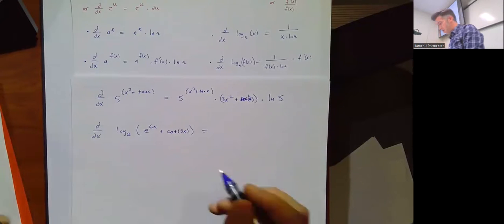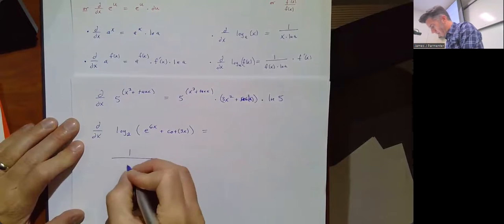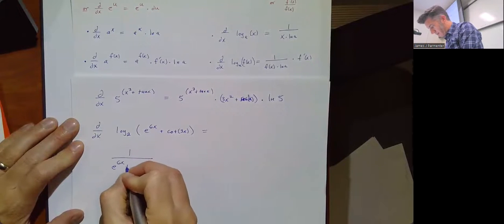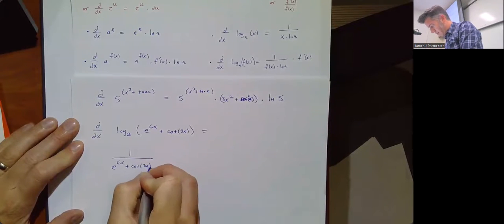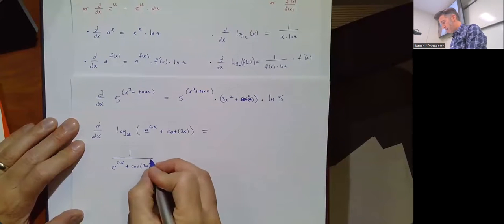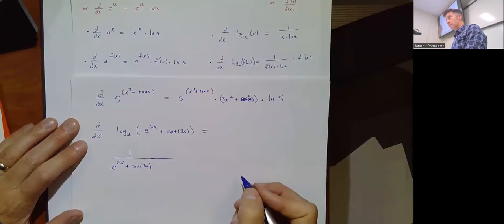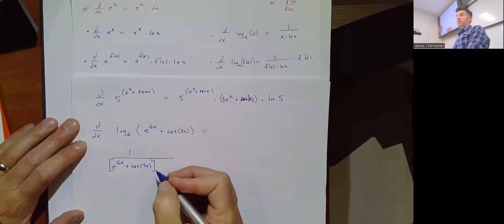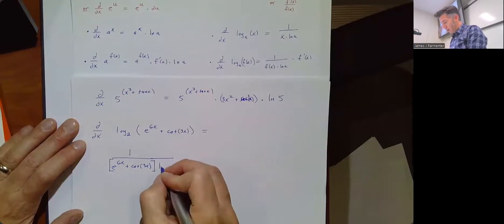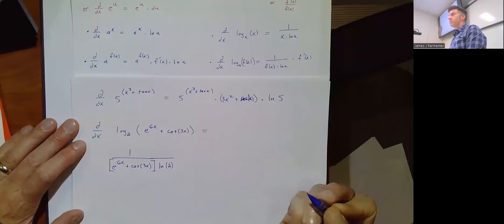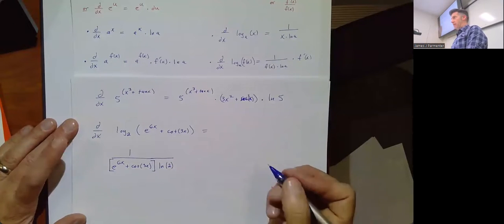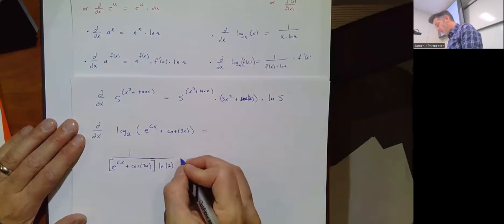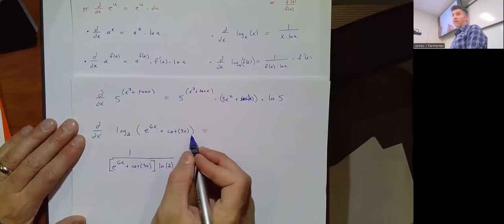But first I'm starting off with 1 over the stuff. I also know I'm going to need to divide by a natural log of 2 eventually. I usually like to put it at the end, but okay. And then I have to multiply by the derivative of that stuff.